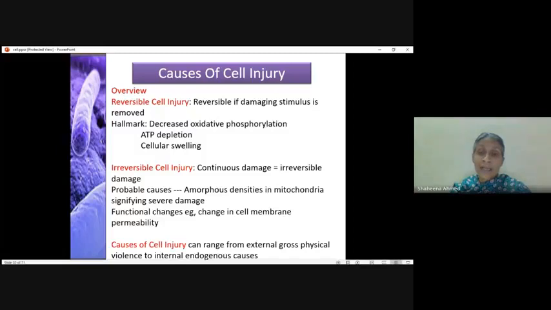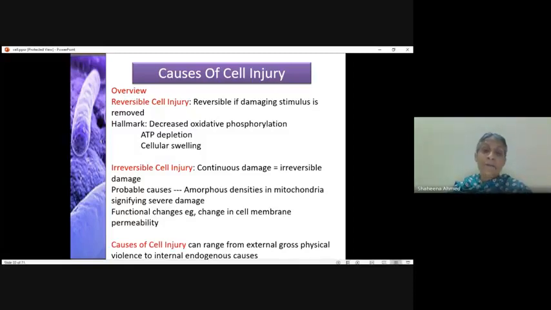When these channels do not get the required energy to function properly, the channel doors open up, and sodium and water start coming into the cell. As there is no check and balance, the cell starts to swell up. This is known as hydropic change. Hydro, water, hydropic change, swelling.